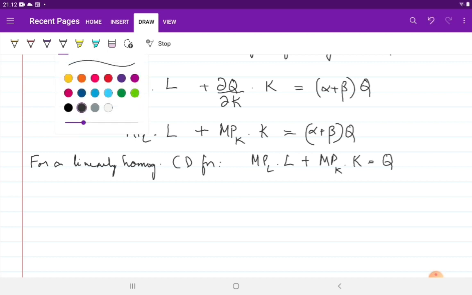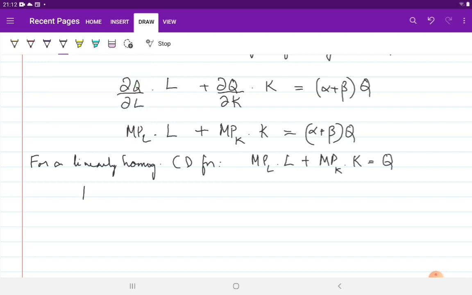So, we know that the marginal product of labor can be expressed as alpha, which is the exponent of labor, times Q by L, and similarly MPK can be expressed as beta times Q by K. Remember, we have proved this in our earlier properties. So we are just continuing from where we left off at the second property that I discussed with you.